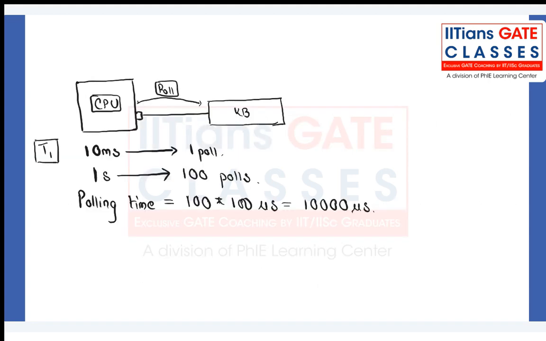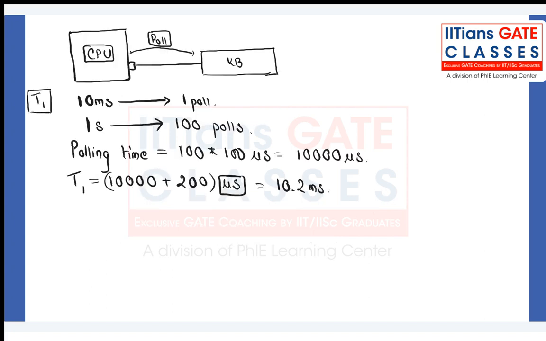So the total time taken by the CPU is 10,000 microseconds plus 200 microseconds. Understood, right? So this is nothing but 10.2 milliseconds. Let me rearrange it, bring it to the top, I need some space. So now let's focus on T2.